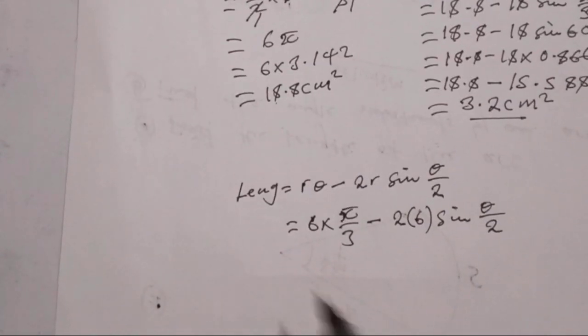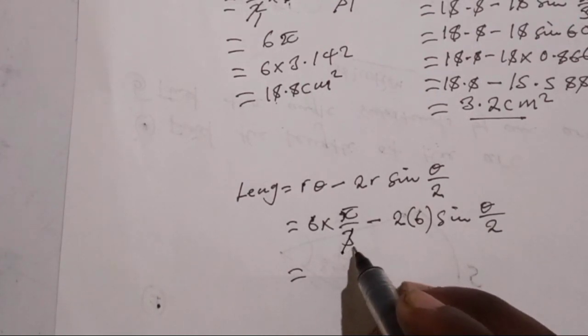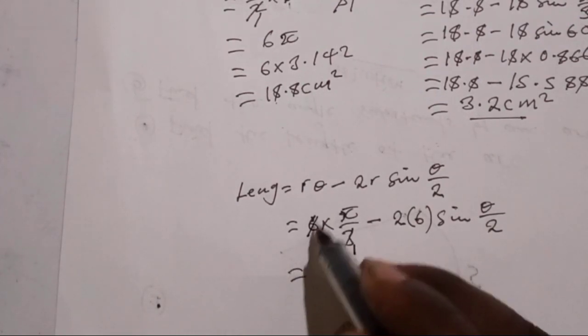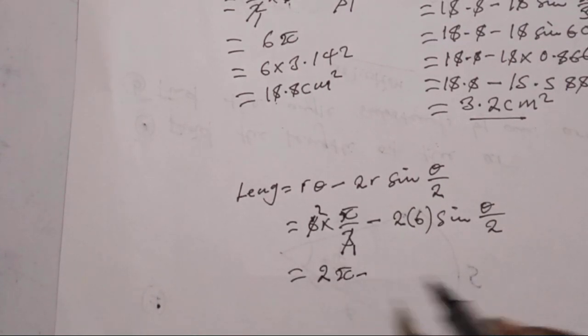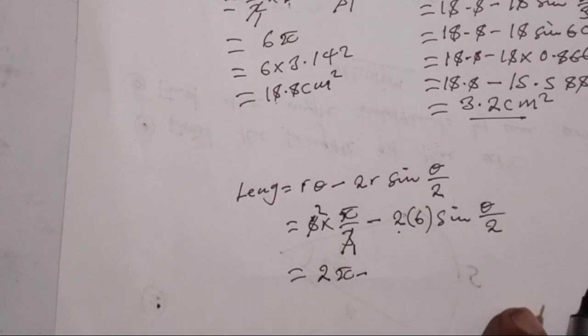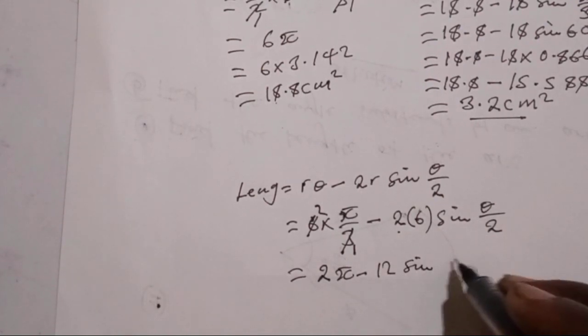Theta over 2, in which it will be 3 into 3, which is 1, 3 into 6, which is 2. Here we are going to have 2 pi minus 2 times 6, it is 12 sine theta over 2.